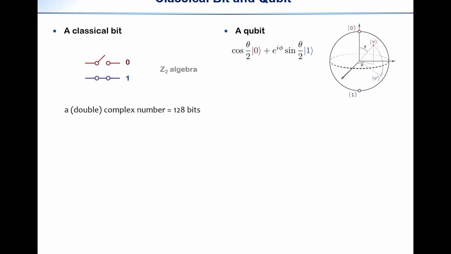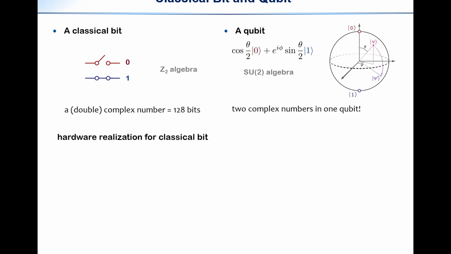For example, to represent a double precision complex number, we need 128 classical bits, and we need only 1 qubit.